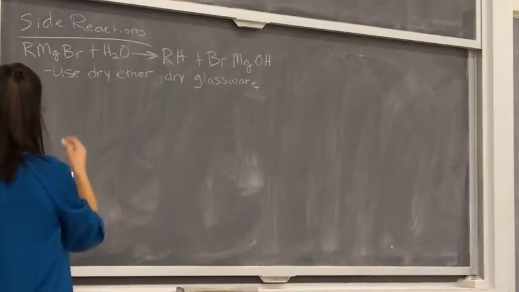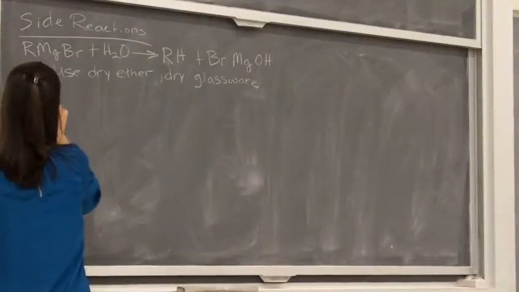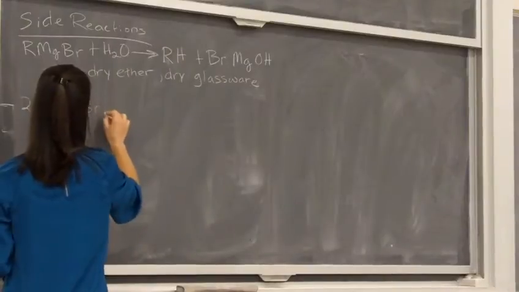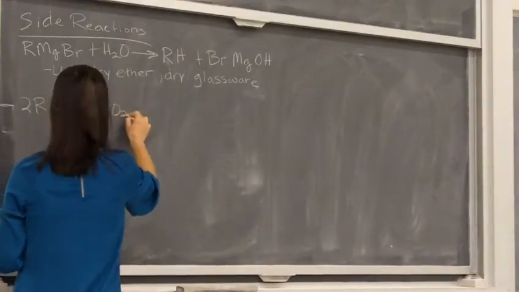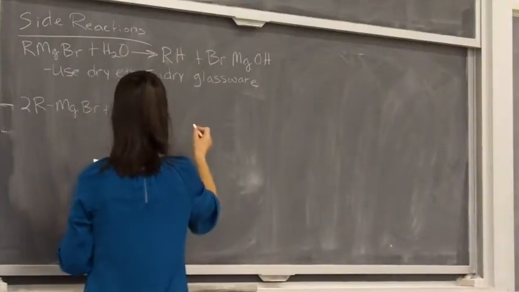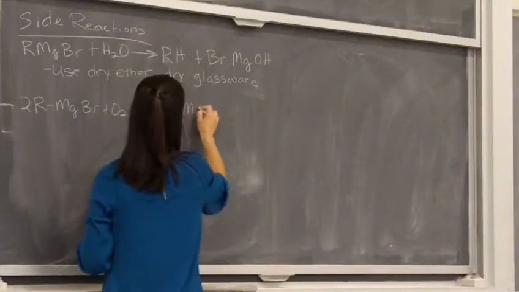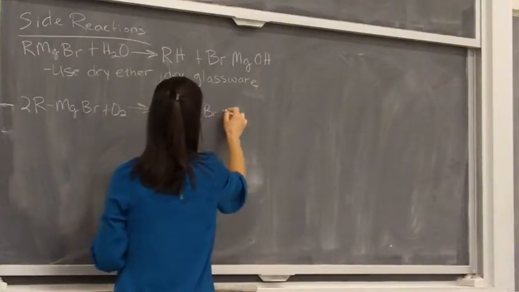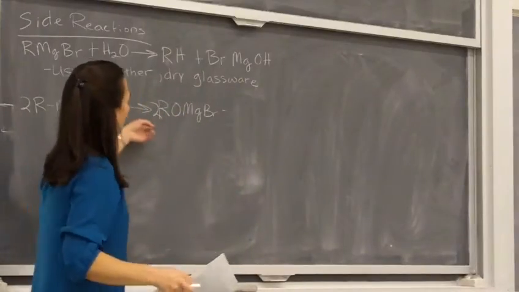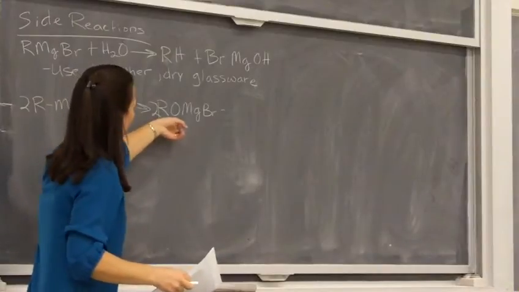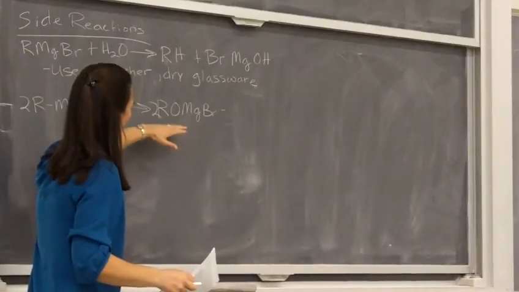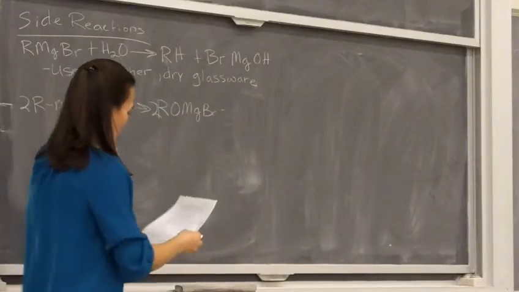Something else that can happen is it can react with oxygen. We don't want that to happen either, because that will take away our Grignard reagent. And so what you form is this species. And this will kill our Grignard reagent in that it forms kind of the intermediate that we want to form, but then it won't go on and form the alcohol that we want it to form.